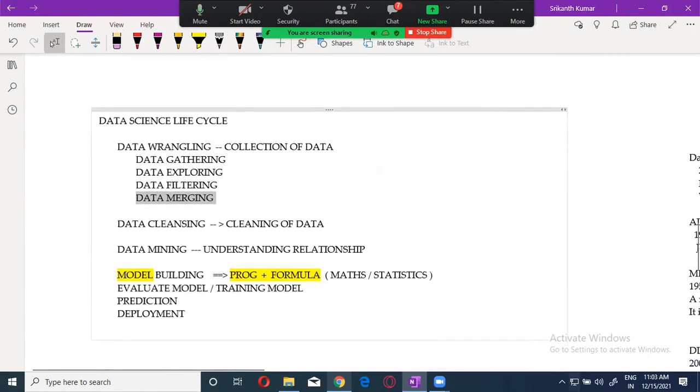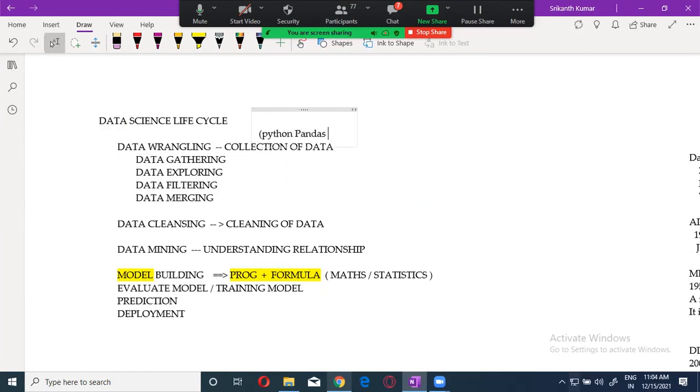Of course, you have to do the conversion. Then you will do the cleansing, then the modeling and mining. Once you do the mining, you will have the perfect data with you. These three processes, especially these two, can be done with the help of a technology called Python Pandas.